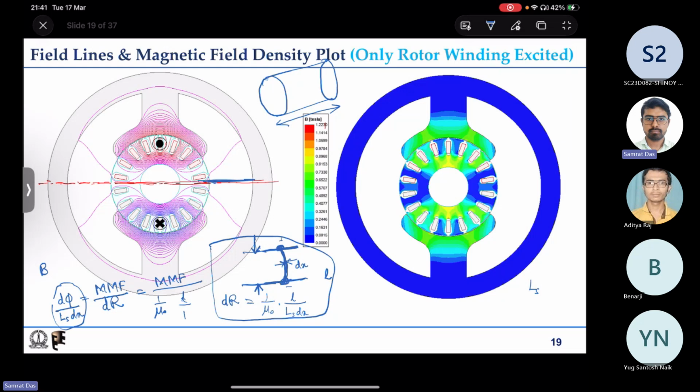That is the thing. This is a measure of flux density, that is what I am trying to say.